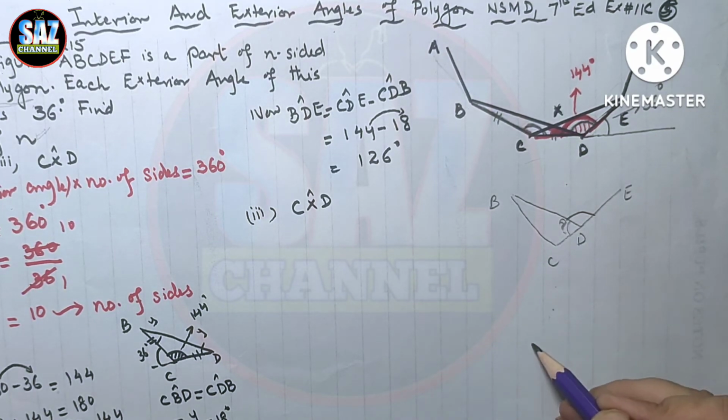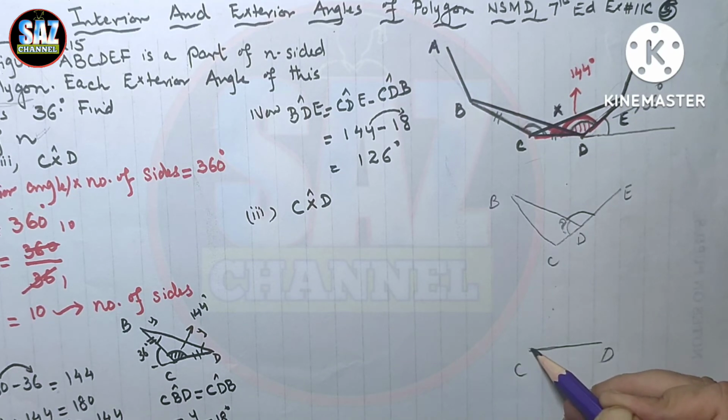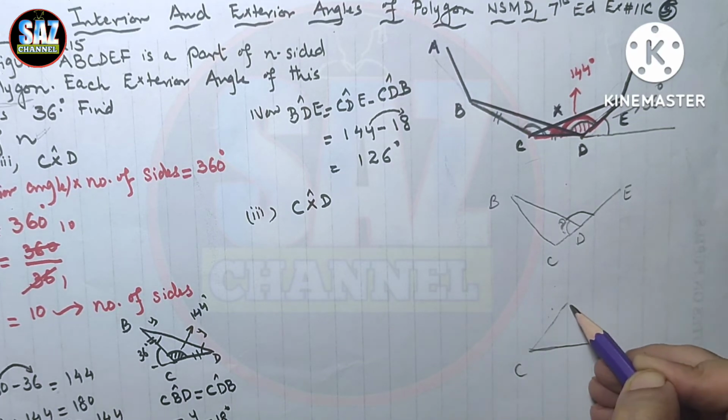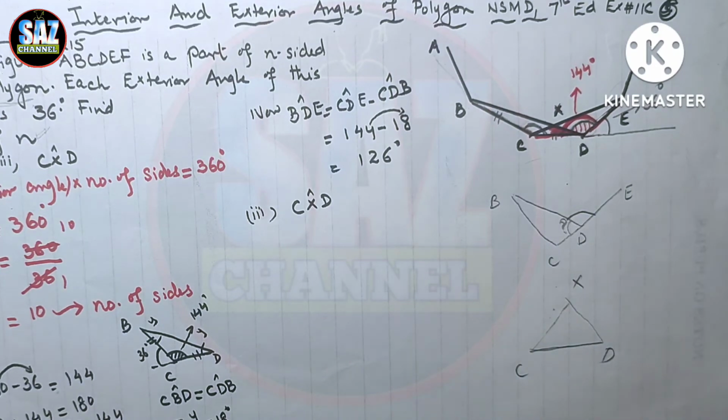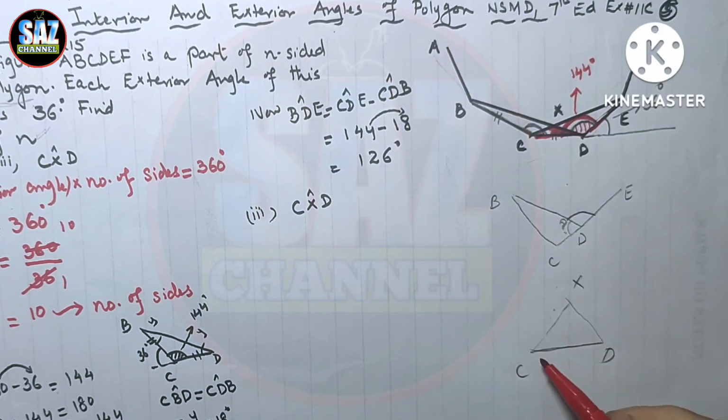This is my CD line, and when I extend the lines, they meet at point X. So in order to get the angle, we can see that this portion of angle C, we have calculated over here, is 18 degrees.